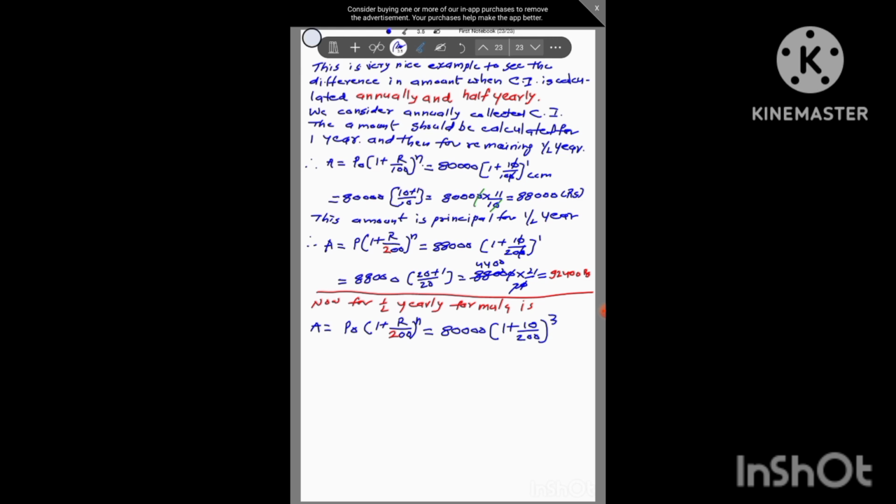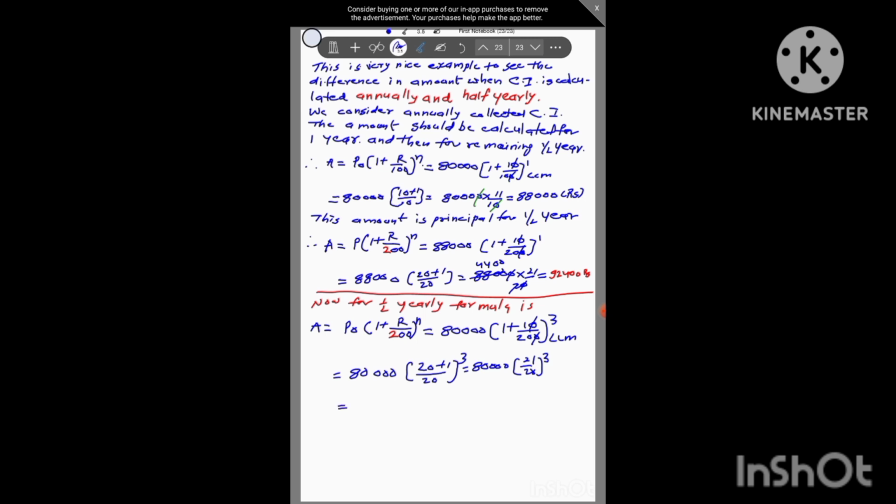This is important. Now we cancel zeros. After this it is just simple mathematical calculation. These are very easy, so you should not make any mistake. So 80,000 into, now solve this bracket first, 21 upon 20 cube.